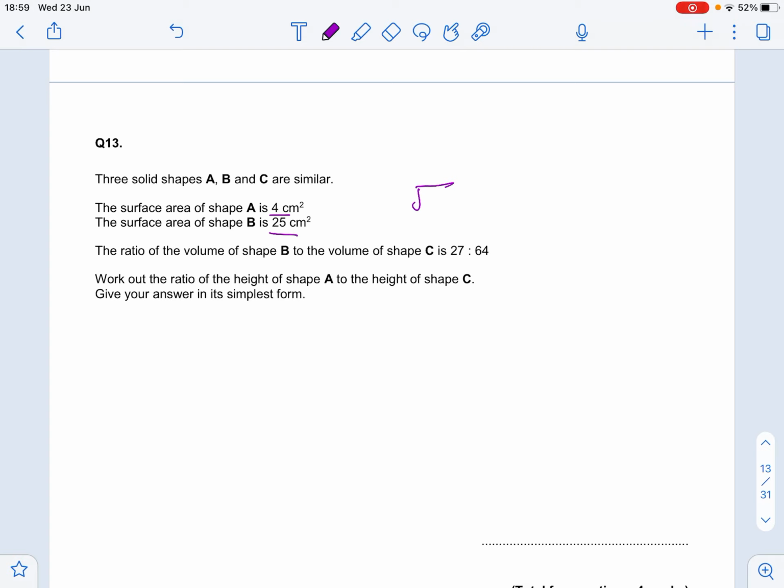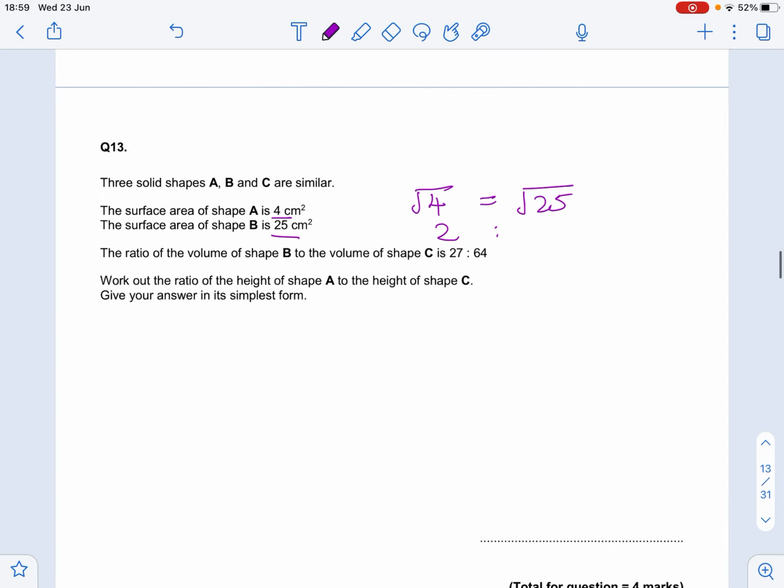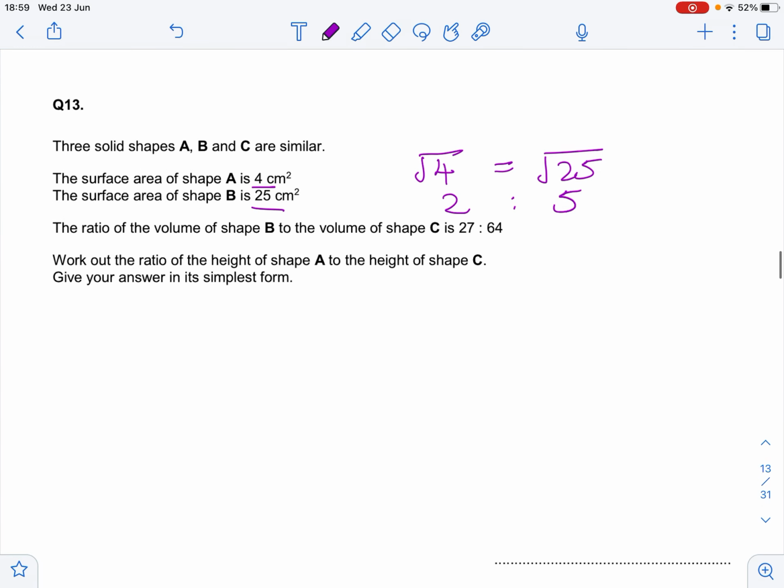Area is something squared, so we have root 4 to root 25, which is the same as 2 to 5. So the ratio of A to B, the proportion of the length, is 2 to 5. So this is the length ratio.